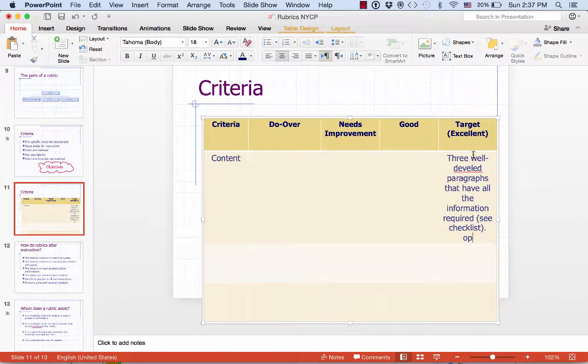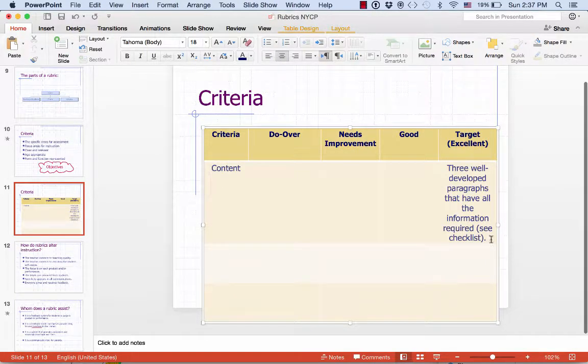developed, and then I'm going to encourage them to push further and say, all are interesting. So that's really, really, or we may make that an interest. We'll say, okay, content, 3 well-developed paragraphs that all have the information.